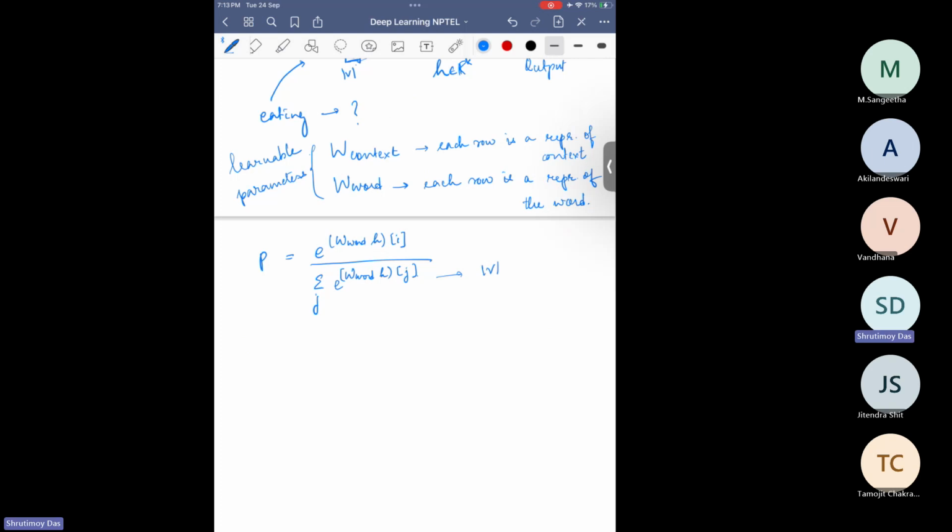So for classification, can anyone say what loss function we are looking at? So we're looking at the cross entropy loss, right?